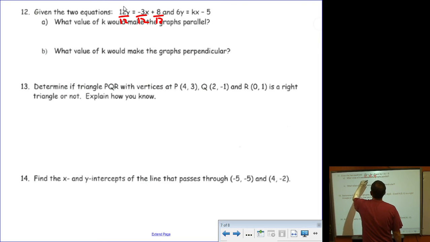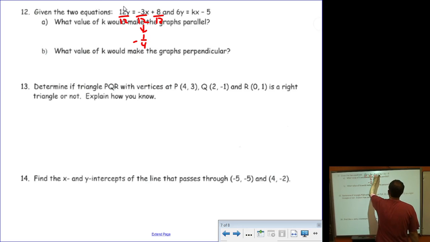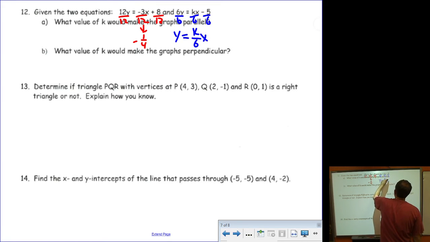So it has a slope of -1/4. This equation, I would be dividing everything by 6, and I would get y equals k over 6x minus 5/6.